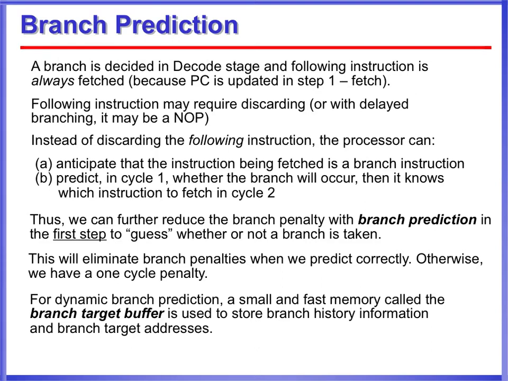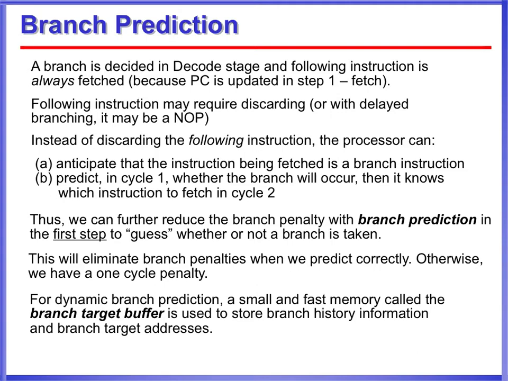Can we anticipate that the instruction we're fetching in step one is actually a branch instruction? And if it is, can we predict whether we're going to branch or not? Because if we can, then instead of updating the program counter to point to the instruction right after the branch in the program, if in step one we can already see that it's a branch instruction and predict whether it's going to happen or not, then just update the program counter to point to the address of the instruction you're branching to.